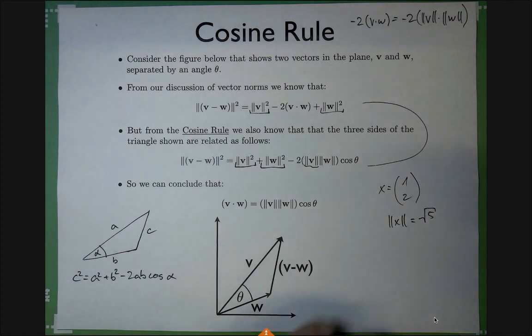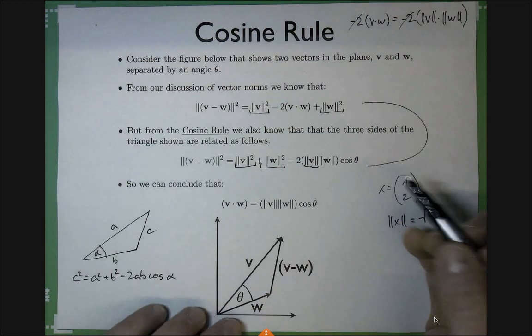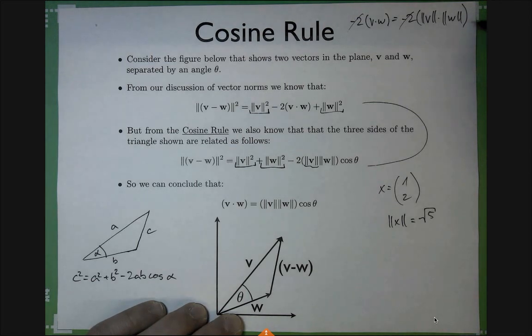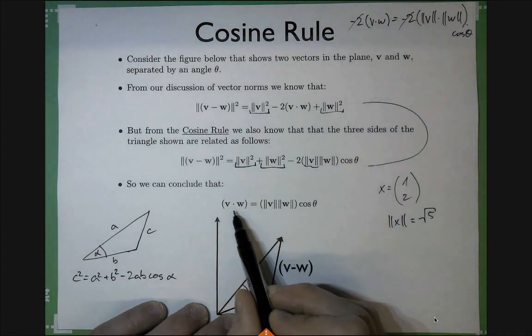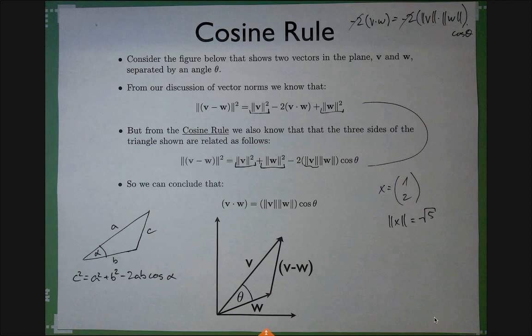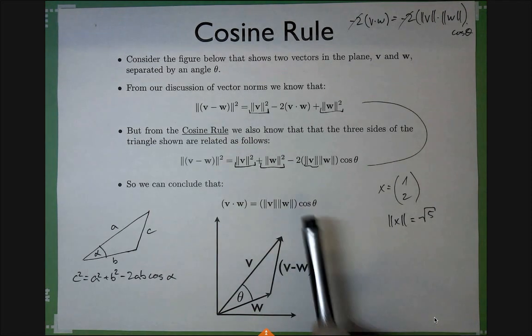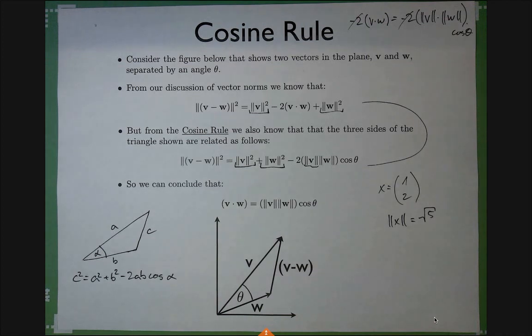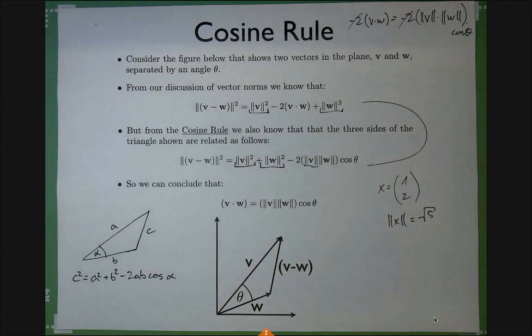I have to live with that. And of course, I can just divide by minus 2. If I divide by minus 2, I see that the dot product of v and w is equal to the norm of v times the norm of w times cosine of theta. And that means that we almost have the key to the geometric interpretation of the dot product.